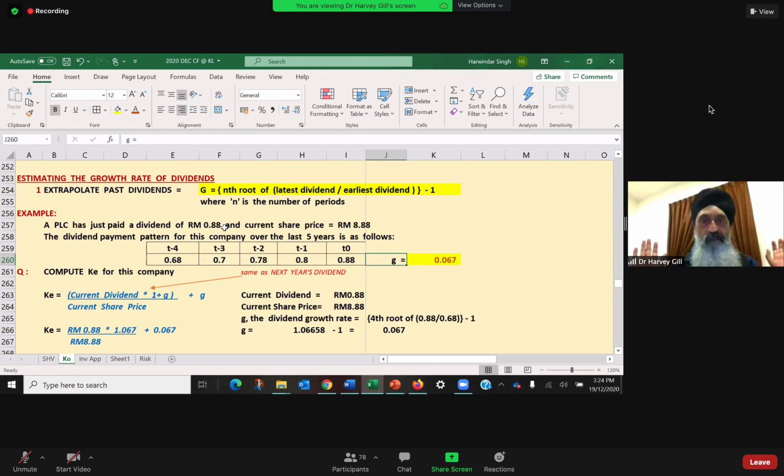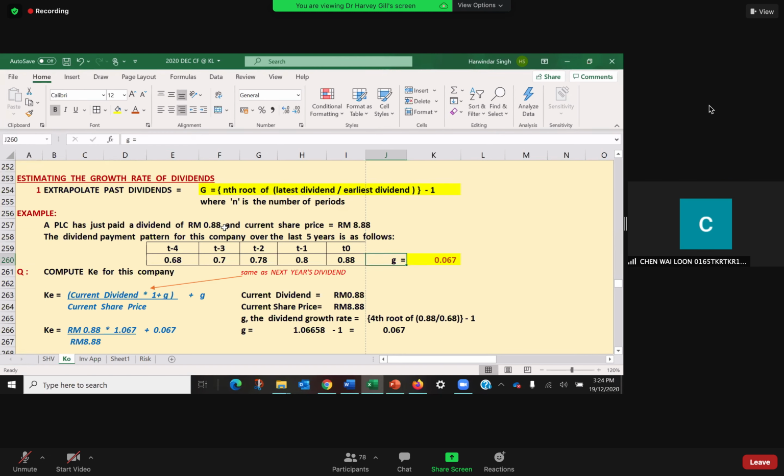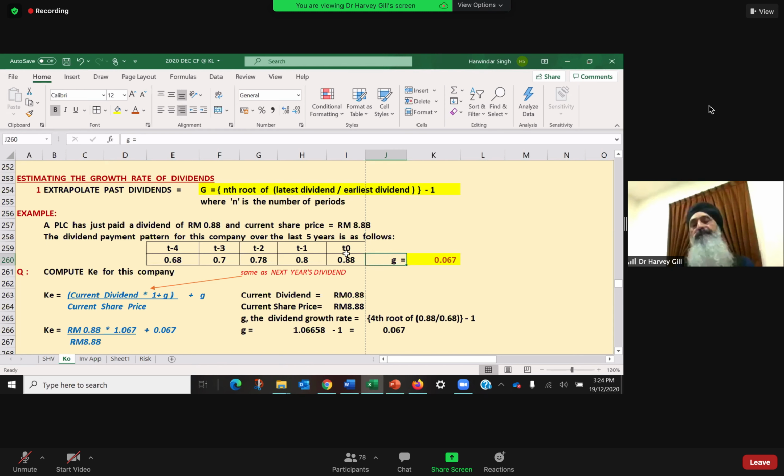Any questions? Doctor, how do we know we need to use the 1/4? Because 4 periods. So if it is 5 periods, 1/5. But normally in the accounts they will give you the 5-year summary, isn't it? So 5-year summary means that's 4 periods.